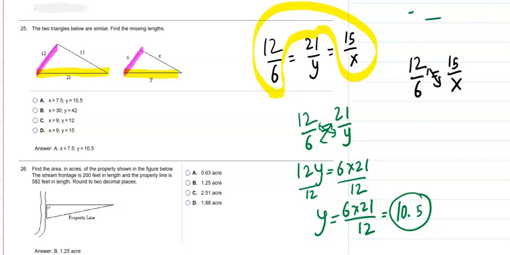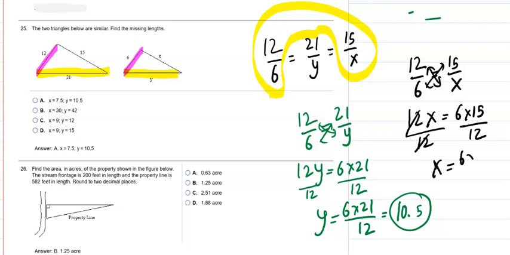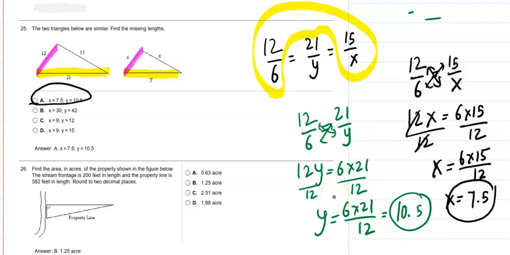Again, you do cross multiplication, which is going to be 12 times x, 12x, equals 6 times 15. And you solve for x, you divide both sides of the equation by 12. This 12 cancels. You get x equals 6 times 15 divided by 12. If you multiply 6 with the 15 and you divide by 12, you get the x value, which equals 7.5. So the answer must be A here.